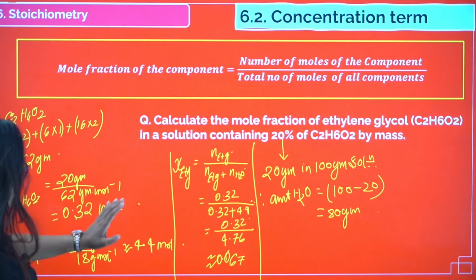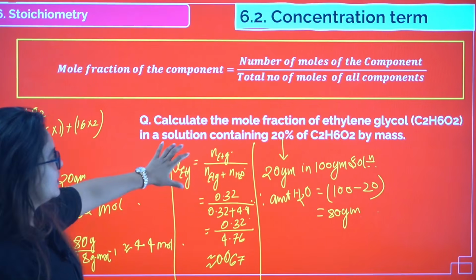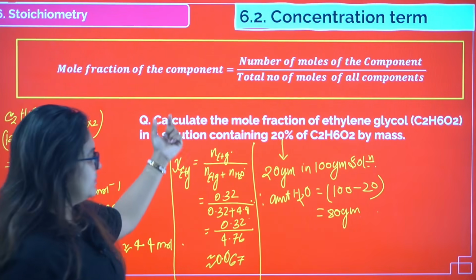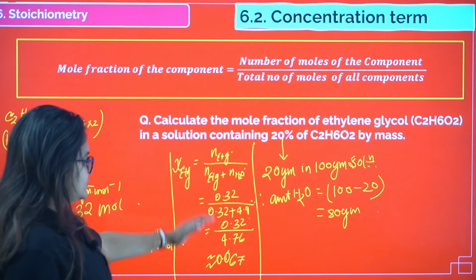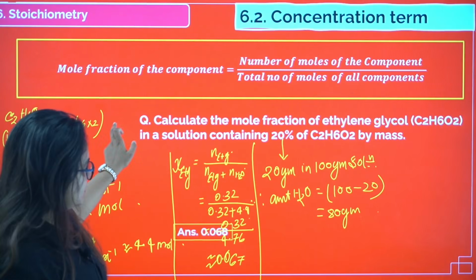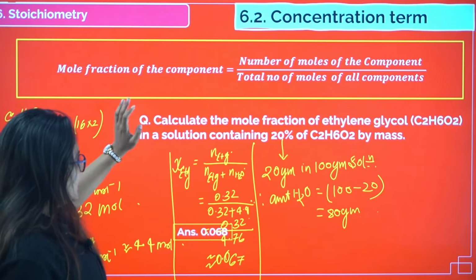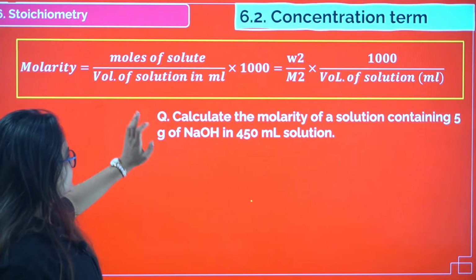I guess you understood. So here first we calculated the molecular weight, number of moles we calculated from there. Then the mole fraction formula, number of moles of ethylene glycol divided by the total. If you proceed with the calculation, it will come up to be nearby 0.067, 0.068, close by only. I guess you understood. Let's proceed.